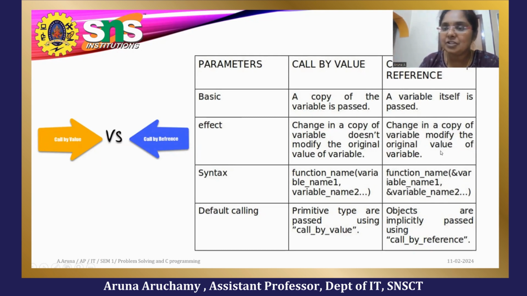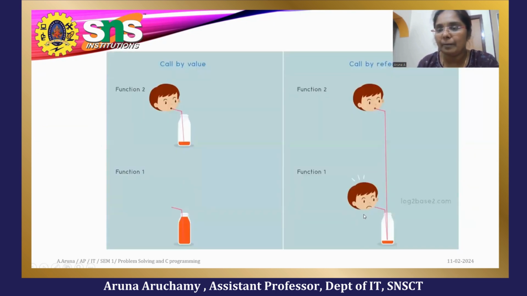So whatever changes you make will definitely affect the main function. For the syntax, here normally the value is passed. Here we use the address of that particular value and pass it over here. Primitive types use call by value. Here, objects are implicitly passed by address. So this is the major difference between call by value and call by reference.